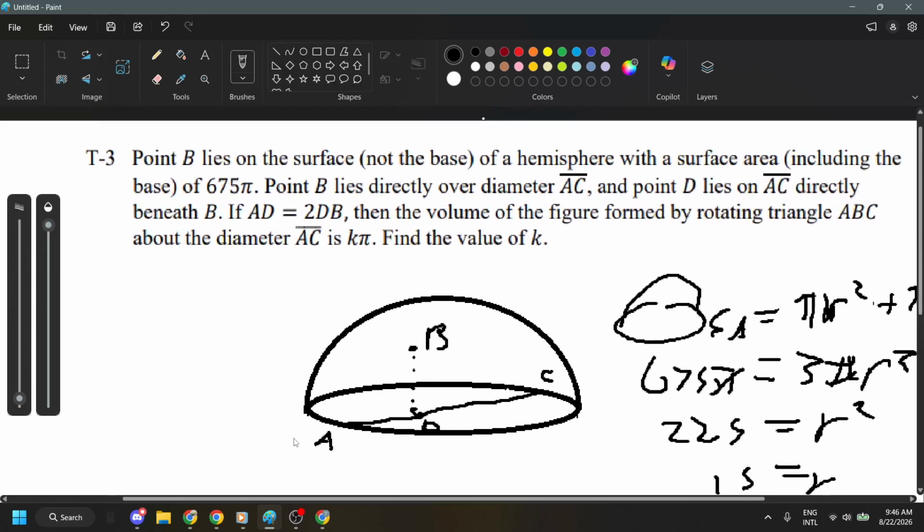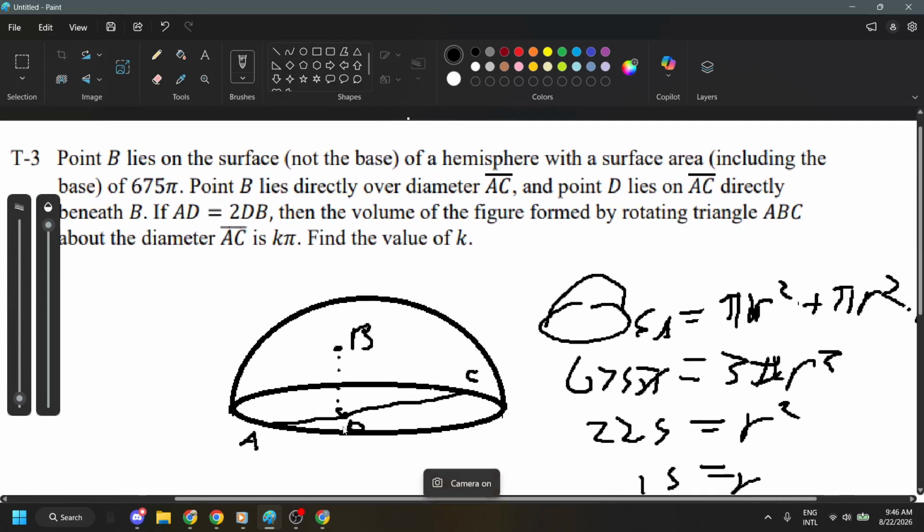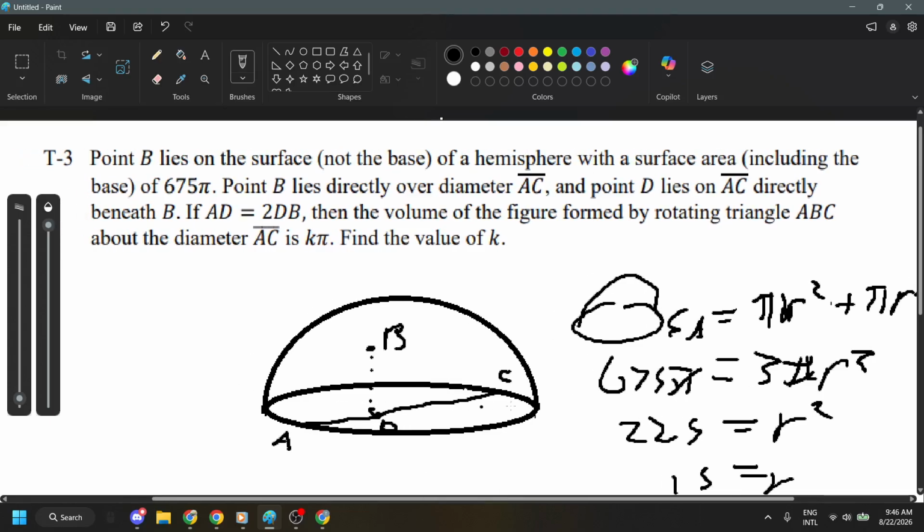Okay. So we know the diameter. I'm trying to think if we can just use the area of the triangle, but I don't think so, because different triangles can have the same area and don't have the same volumes when rotated.